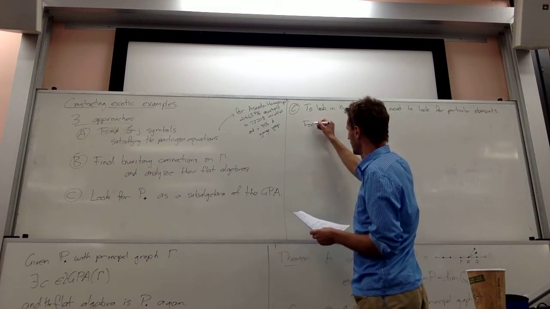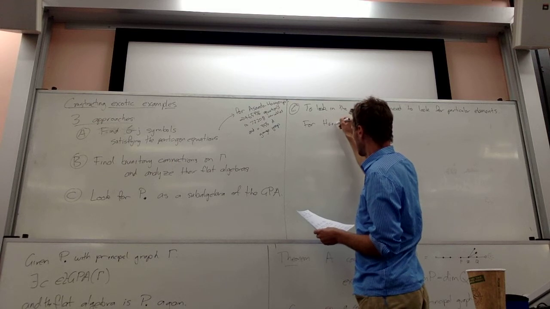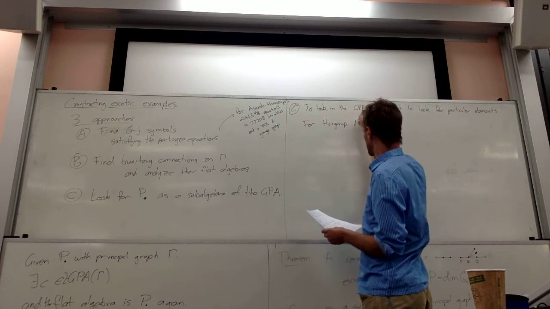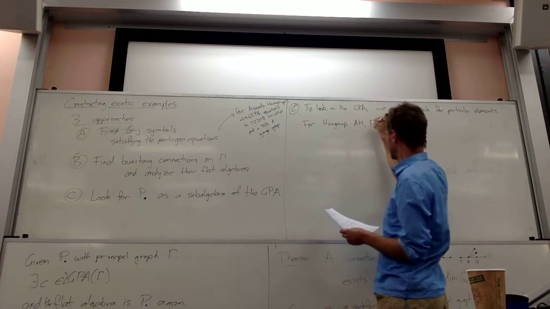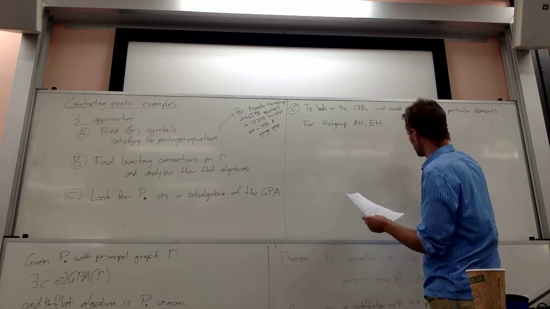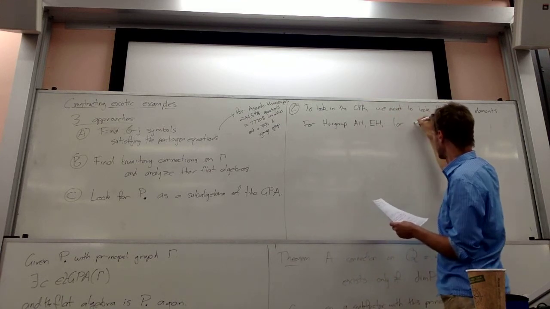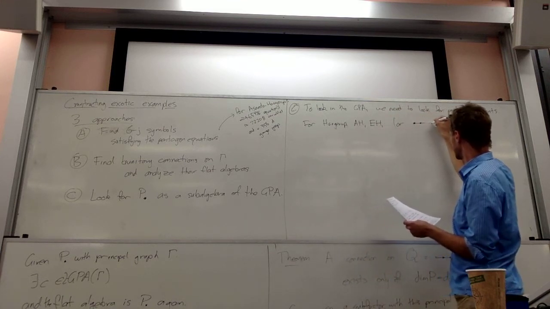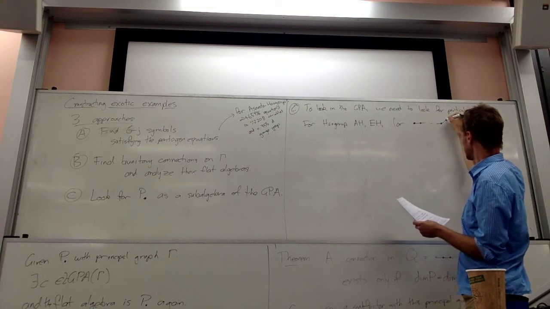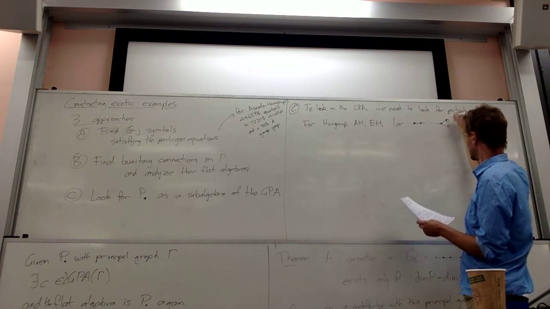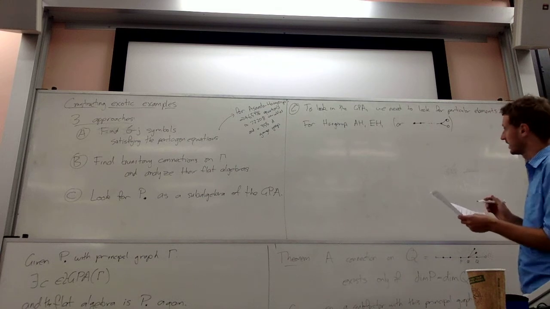So for any of these, for H group, Zeta H group, or extended H group, or actually anything where the graph starts just with a triple point, before maybe continuing on in some more complicated way.